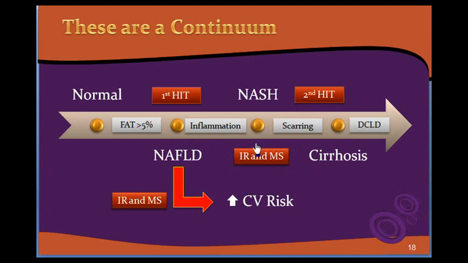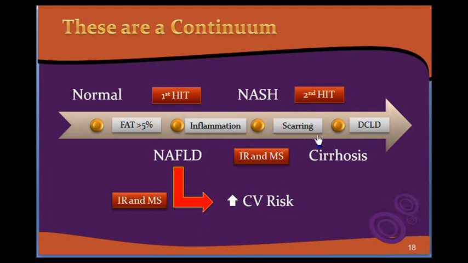And again, insulin resistance and metabolic syndrome play a very vital role in converting NAFLD into NASH. This NASH is a stage wherein we can still reverse the patient to normal.